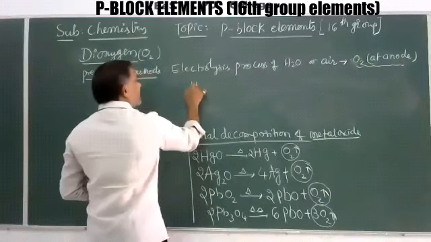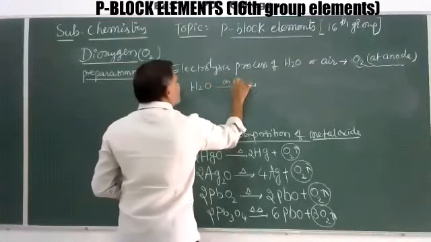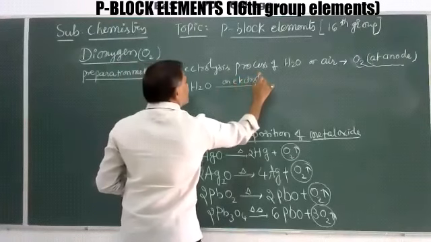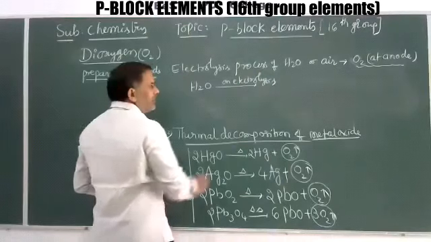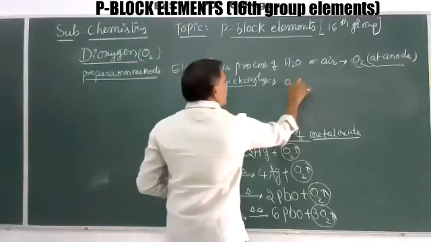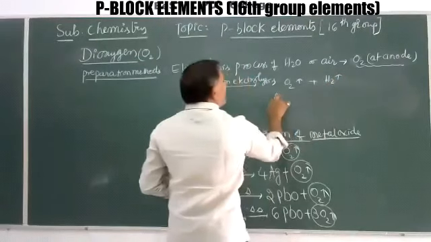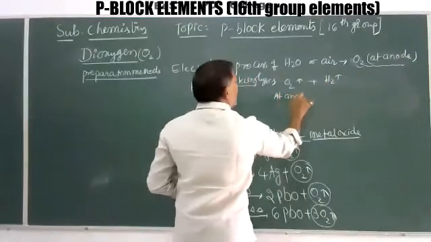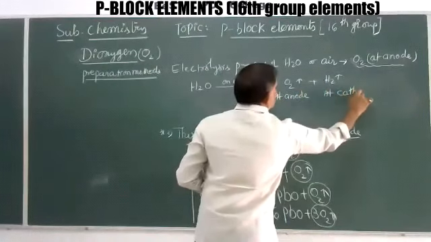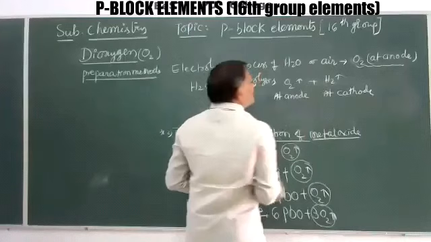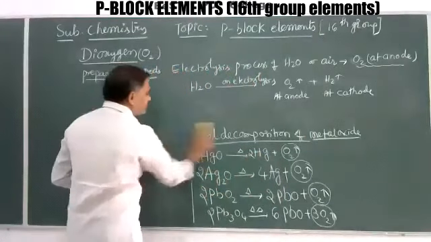For example, H2O, water, on electrolysis, by passing direct electric current, oxygen gas is liberated and hydrogen gas is liberated. At the anode, oxygen is liberated. At the cathode, hydrogen gas is liberated. These two are easy to separate by using the fractional distillation method.